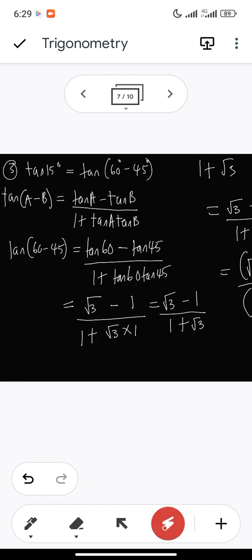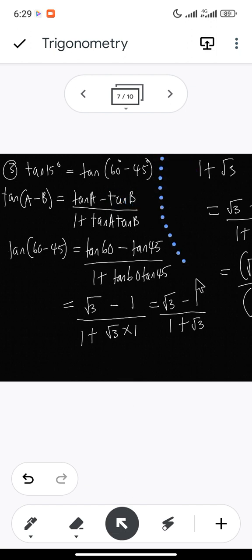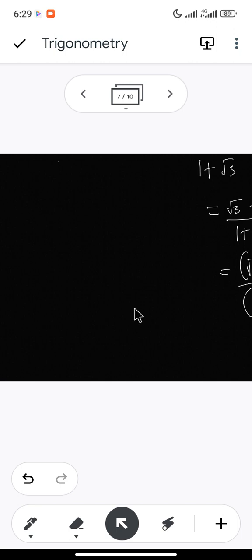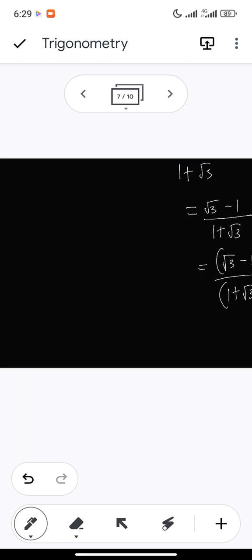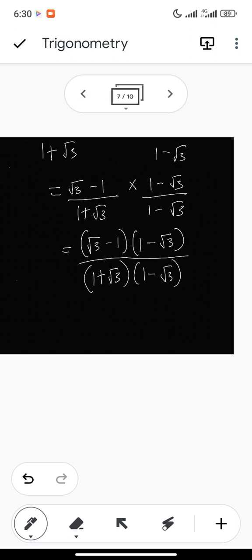Let's quickly erase this. Let's try to solve this before we go further.